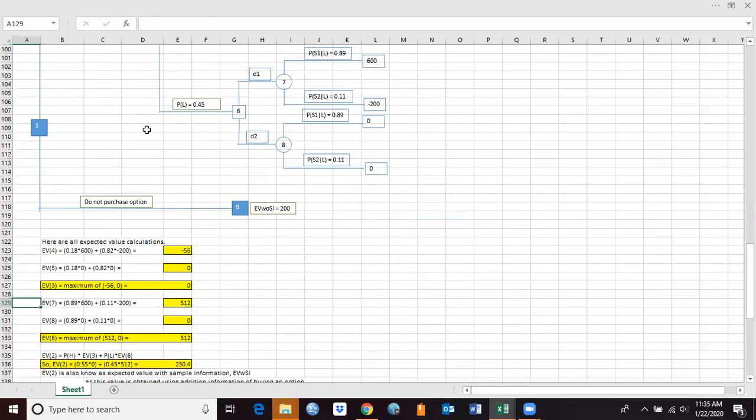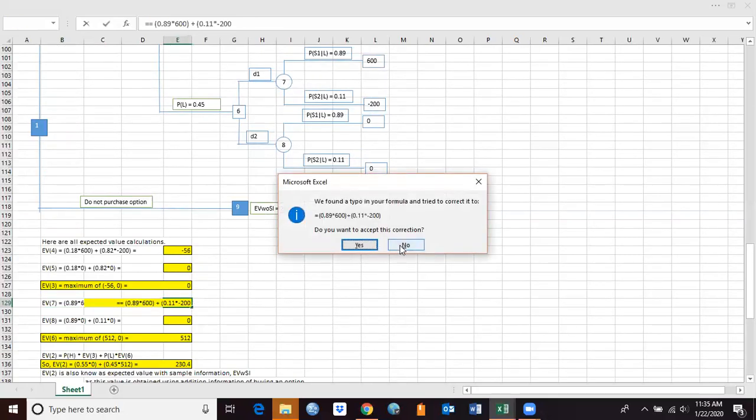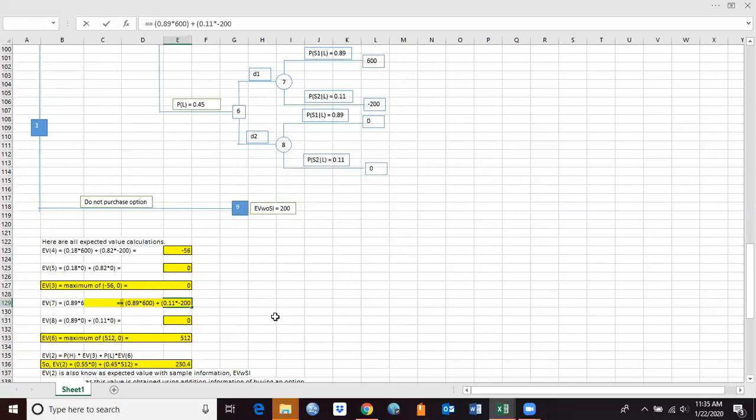I'm just going to copy this formula here. Let's fix this formula here. So we get $512,000 at node 7, the expected value at node 7.